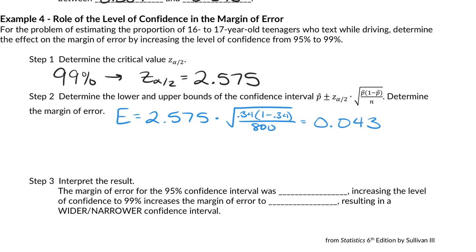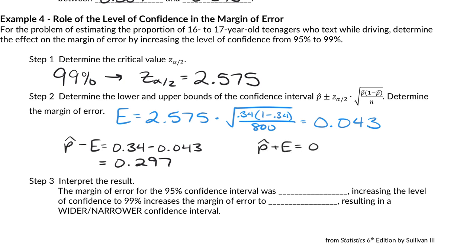So we'd have p hat minus the error, which is 0.34 minus 0.043. This is 0.297. And then p hat plus the error, 0.34 plus 0.043, 0.383.